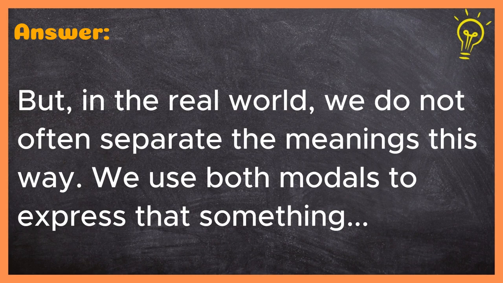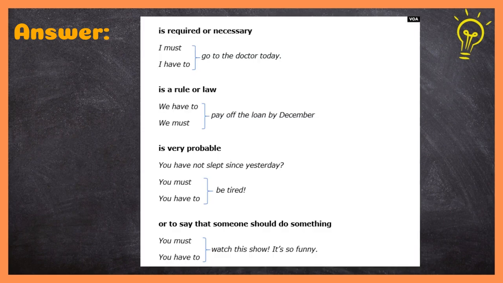But in the real world, we do not often separate the meanings this way. We use both modals to express that something is required or necessary. I have to go to the doctor today. Is a rule or law.